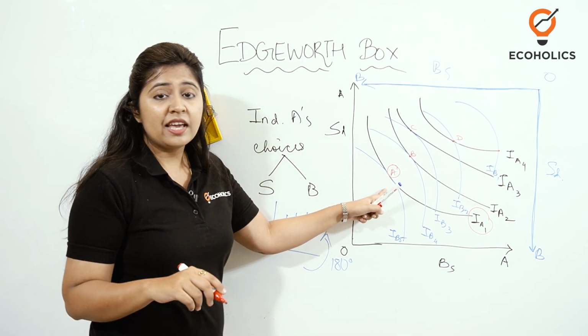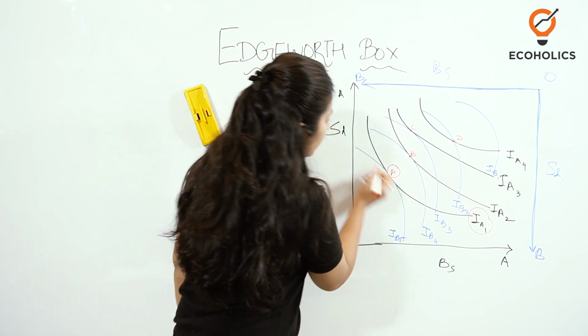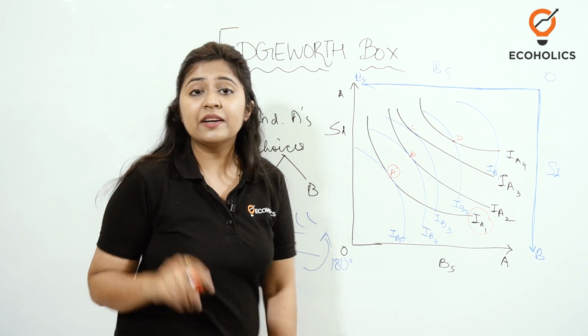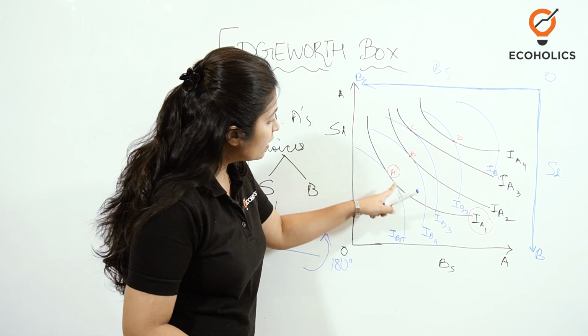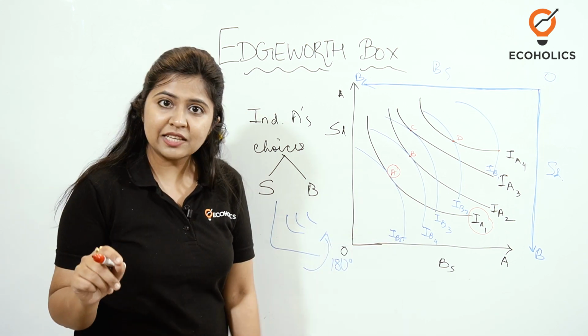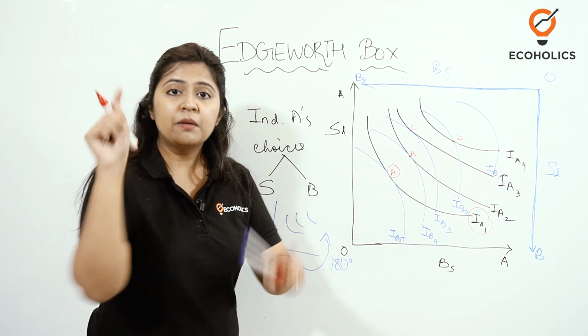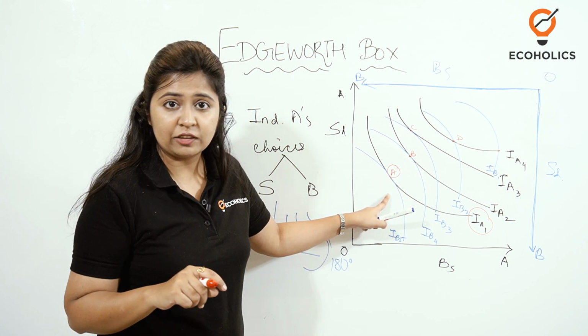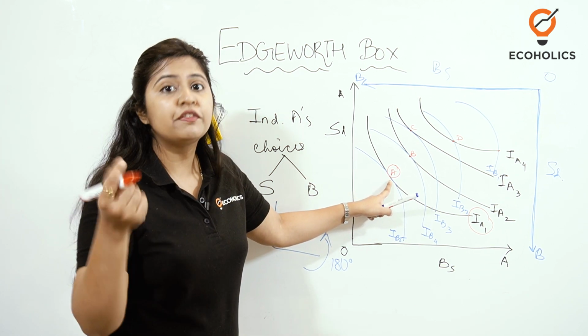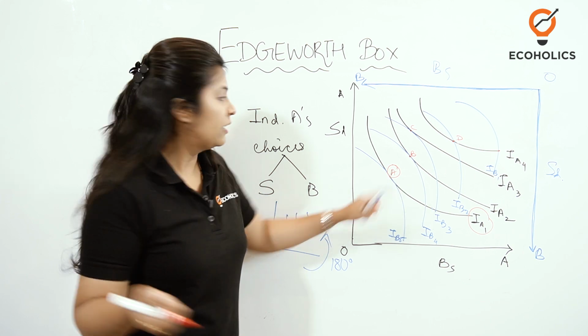This is a point where they are not just coinciding but tangent. They show a certain amount of tangency, which is why this is one of the efficient Pareto points.